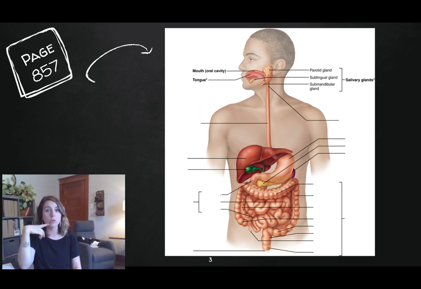So lingual, as in linguistics, tongue, sublingual. And then sort of at the back base of the throat or pharynx region, that's the submandibular gland, because it's underneath the mandible. So that one's a little bit lower. The parotid towards the back, underneath the tongue, sublingual, and submandibular.